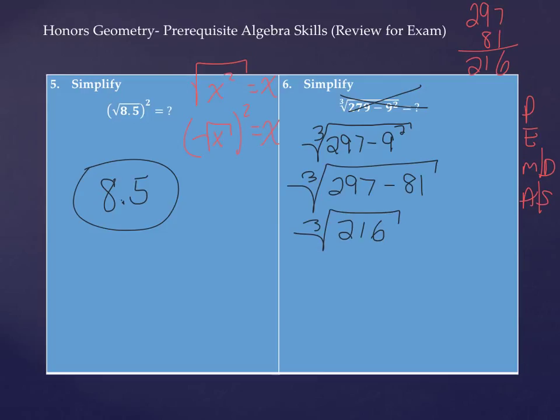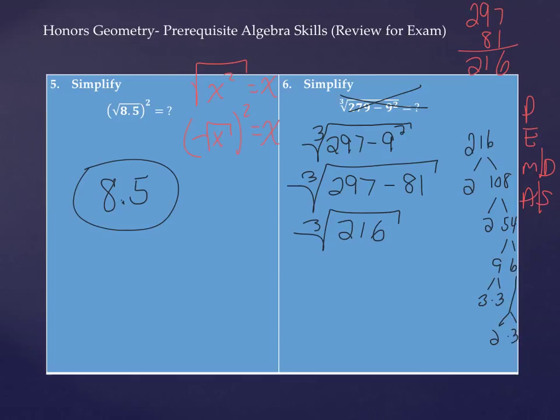Now we can start breaking that 216 down and see what we see. I'm just going to go ahead and divide by 2. So we've got 2 times 108, 2 times 54. 54, I see, 9 times 6. And 9 is 3 times 3, and that 6 is 2 times 3. Okay, so let's pair up. I've got three 2s, 1, 2, 3, and I've got three 3s.